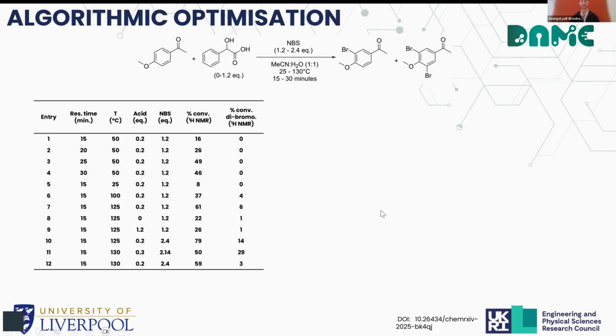What we deemed the relevant chemical space was between 0 and 1.2 equivalents of the mandelic acid, 1.2 to 2.4 equivalents of the MBS, and we screened across 25 to 130 degrees C, which was partly limited by hardware and the operating temperatures of the flow reactor. Residence times of 15 to 30 minutes were again limited by the hardware and the flow rates the pumps could operate at, particularly at the upper end of that range.